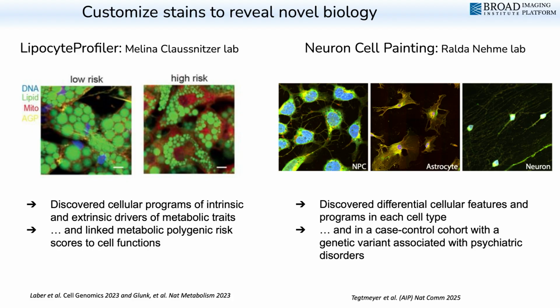I just want to mention that you can adapt this idea. What I told you here was you're marking all these major organelles, but as we know, there are many different cell types, and sometimes some specific cell types might need you to mark other things. Like, for example, if you have heart cells, you want to mark something called sarcomeres. If you have fat cells, you want to mark some other thing that relate to the lipids and things like that.